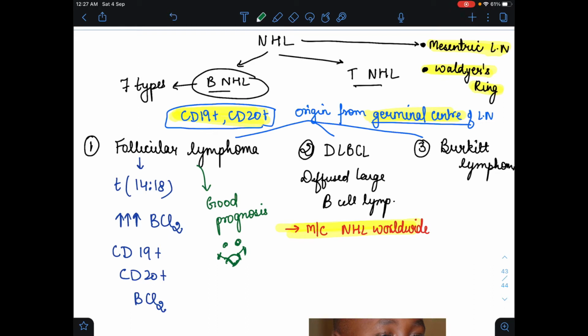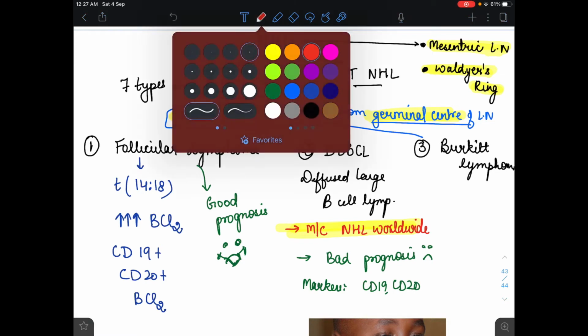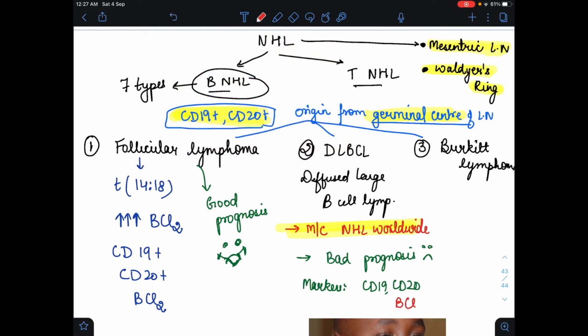Now the worst, the bad prognosis, is given by diffuse large B cell lymphoma. It is also the most common, and it also gives the bad prognosis. Here the markers for diffuse large B cell lymphoma are CD19, CD20, and one special marker, BCL6.